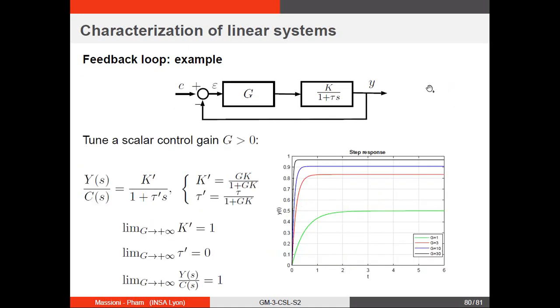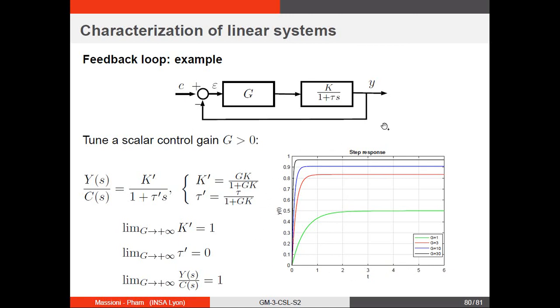And, well, depending on the value of G that you've seen, you can have a different step response from C to Y, which is visualized here. Basically, with G growing, you get Y getting closer to C at infinity.